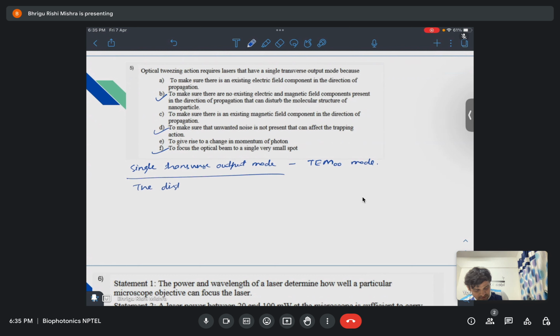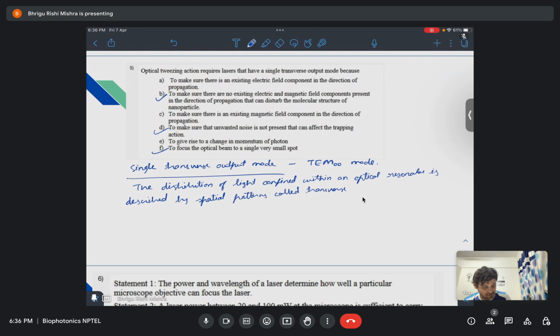The distribution of light confined within an optical resonator is described by spatial patterns called transverse modes.